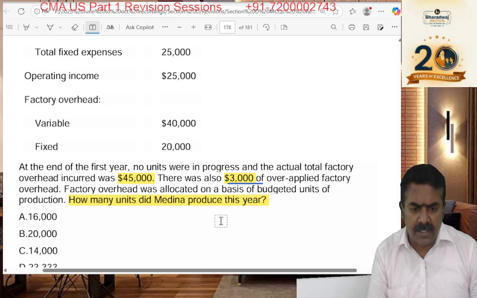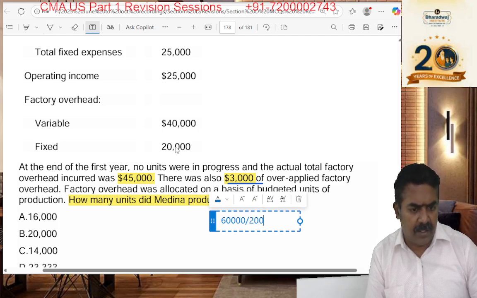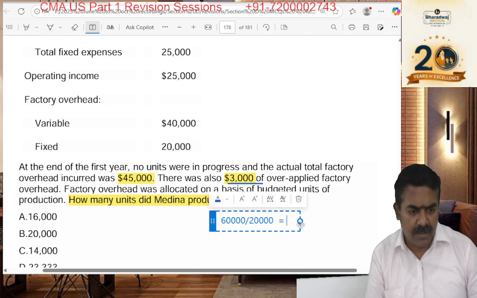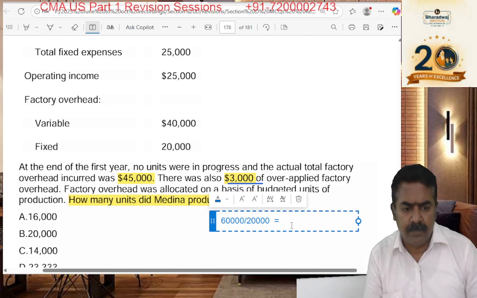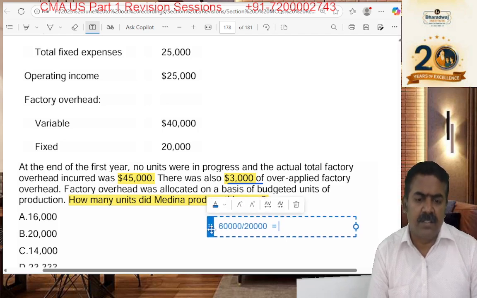So what is the budgeted allocation? 60 fixed plus variable, 40 plus 20, 60,000 divided by 20,000. How much is it? Wait a minute. Overheads absorption will include both fixed and variable. Per unit it doesn't change, but while charging, we are not doing variable costing or fixed costing.